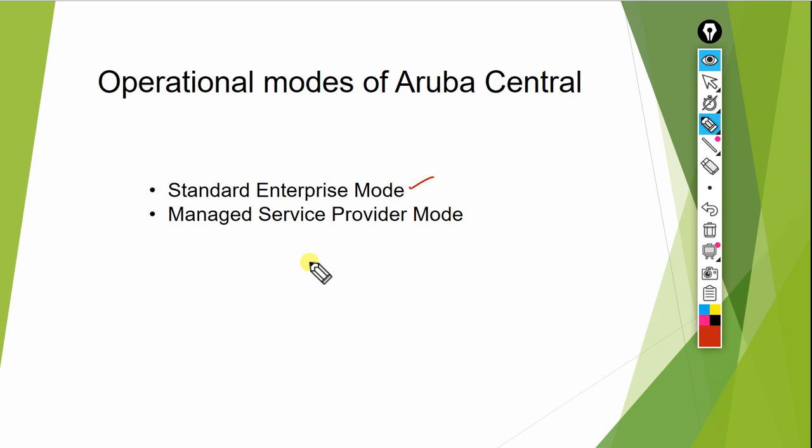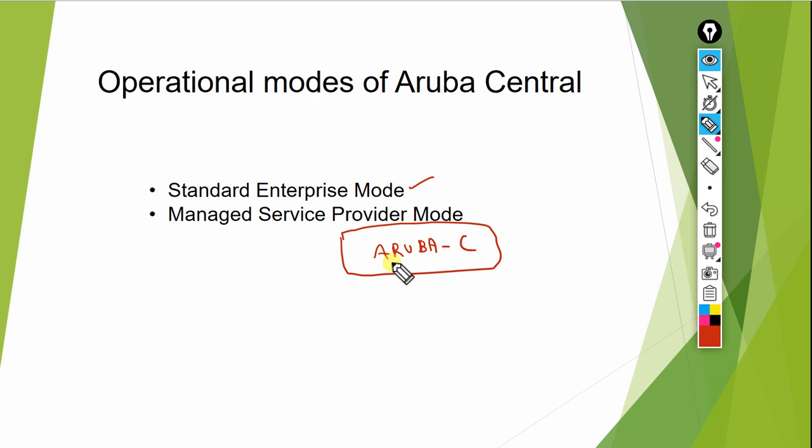So let's try to understand this on the basis of an example, or maybe a diagram. Let's say this is the Aruba Central Standard Enterprise Customer Portal. I'll just give it the name Aruba C, as a short form of Aruba Central.